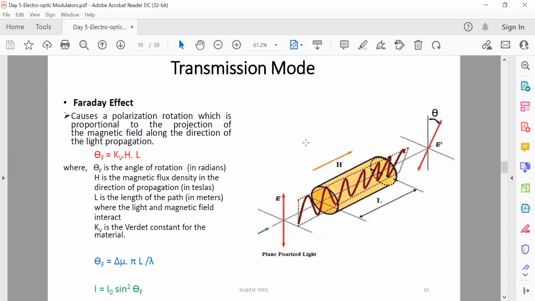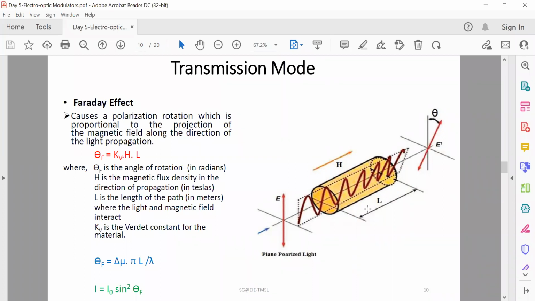Here the Faraday effect occurs. The rotation of the polarization plane of linearly polarized light during its propagation through a layer of magneto-optic material placed in a magnetic field is basically known as the Faraday effect.